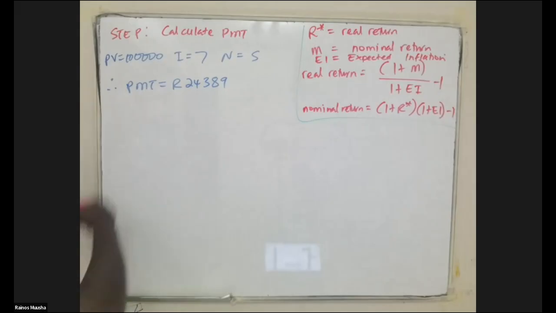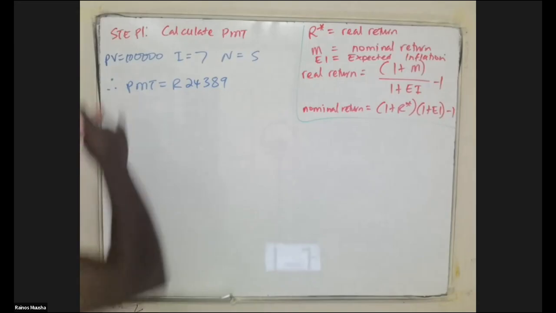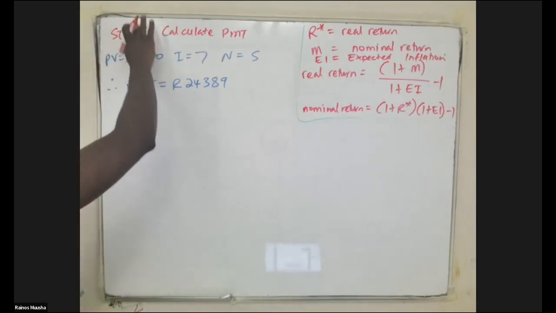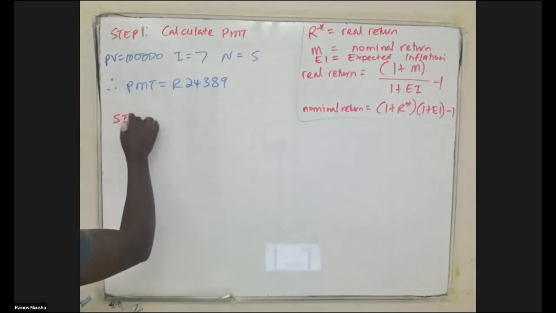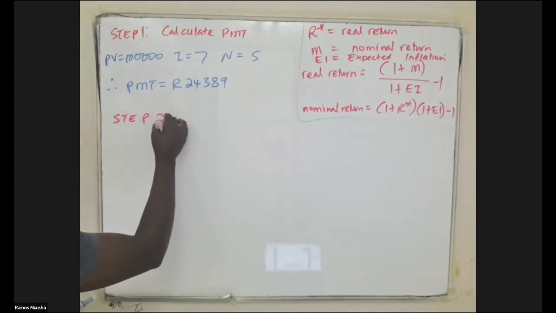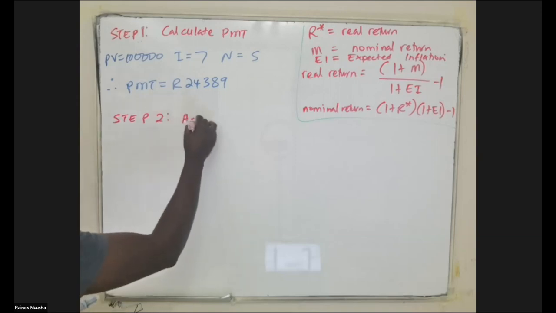So that's your step one. Whenever you do loan amortization, step number one is always to calculate your PMT. You cannot amortize without calculating the PMT. Now, step number two, that's when you now amortize.